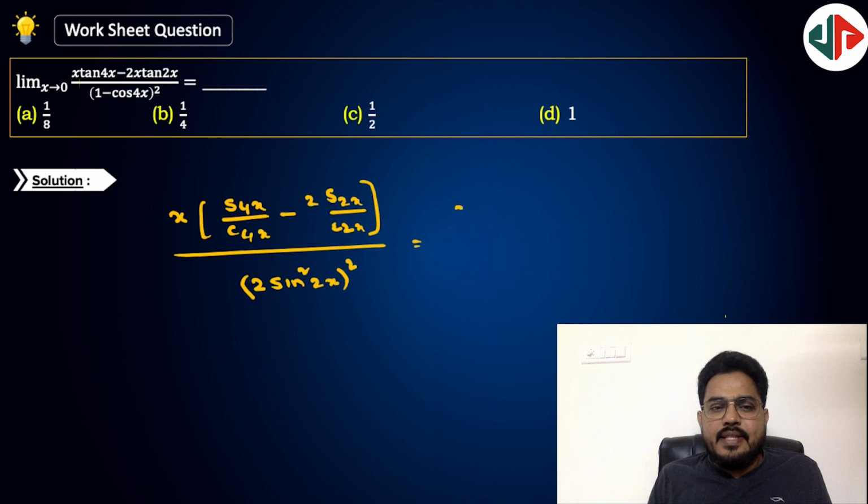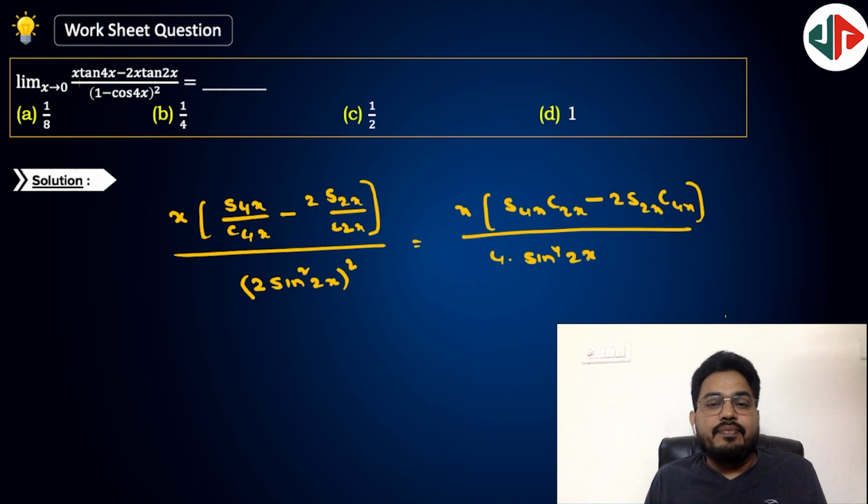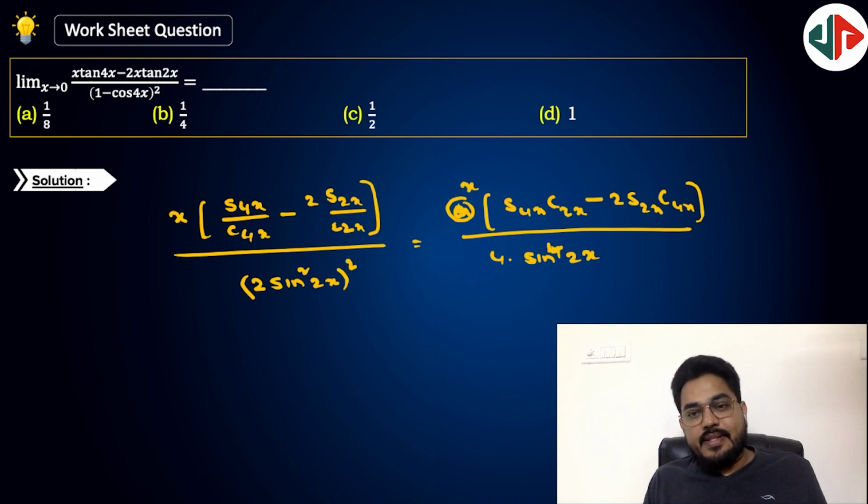So it is x common, sin 4x cos 2x minus 2 sin 2x cos 4x, by, actually as x tends to 0, this value is 1, so you need not worry, 4 sin power 4 of 2x. Actually, one sine will be eliminated.